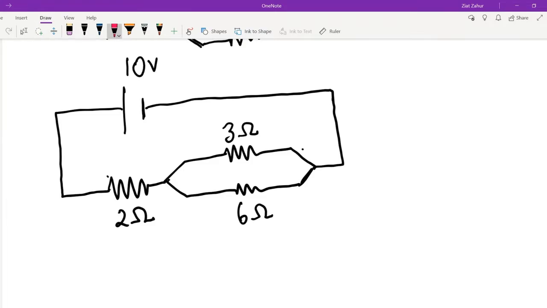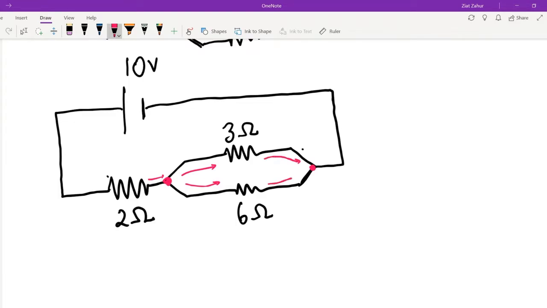In this circuit, you can see there is a junction here and a junction here. When the current comes in and splits into two parts, the first stream goes through the 3 ohm and the second stream goes through the 6 ohm. Notice there are no other resistors they go through before joining up.